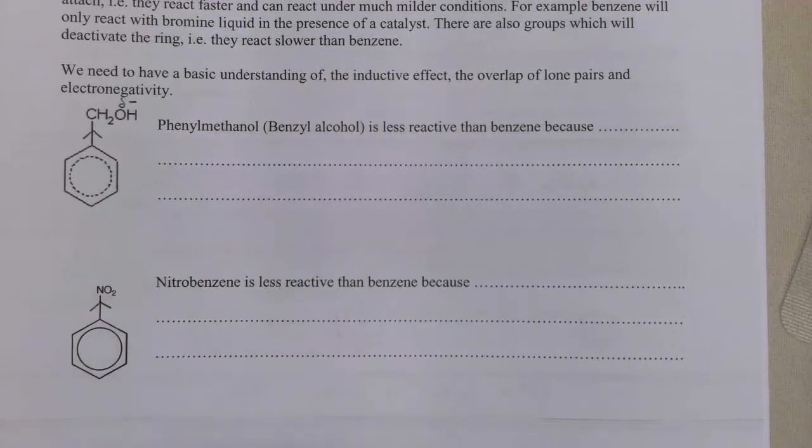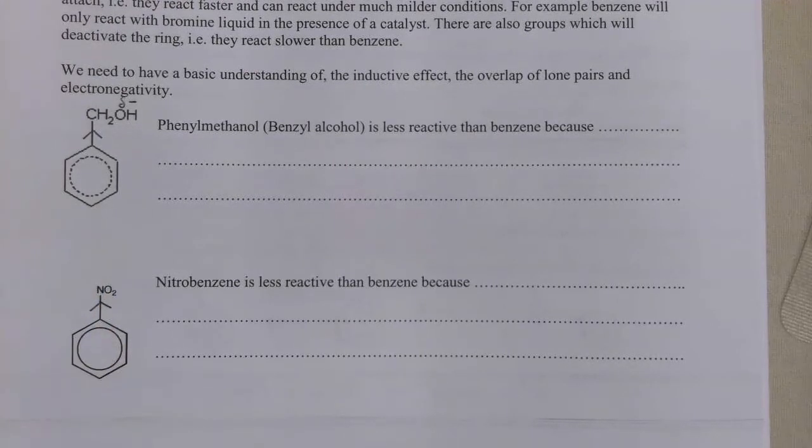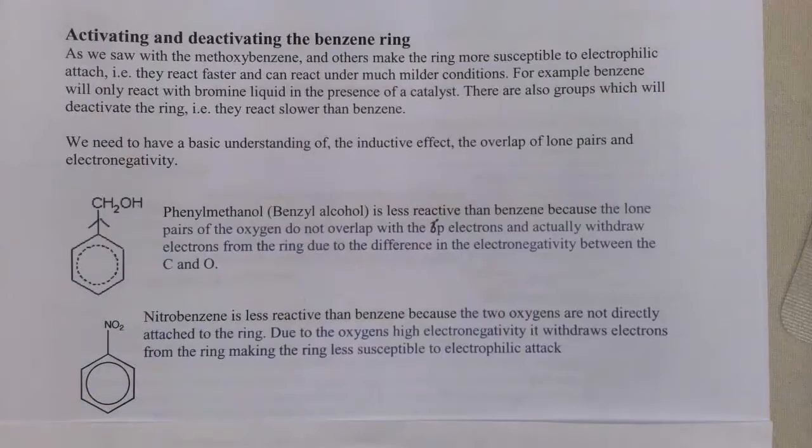Because the oxygens are not directly bonded to the ring, the overlap of the lone pairs can't occur, because there's no mechanism for the lone pairs on that oxygen to get into the ring. So as those oxygens are not directly attached to the ring, the electronegativity of the oxygen causes the ring to lose electron density, making it less susceptible to an electrophilic attack.